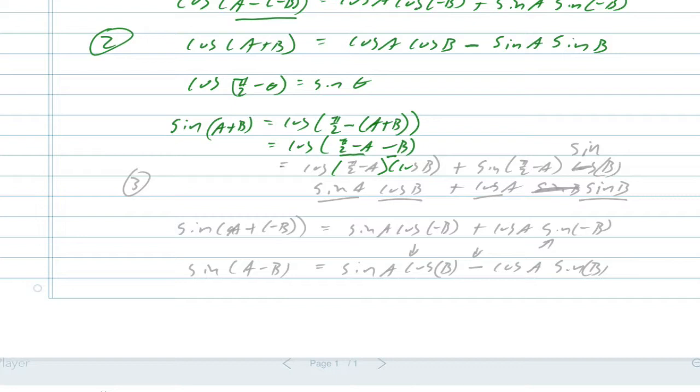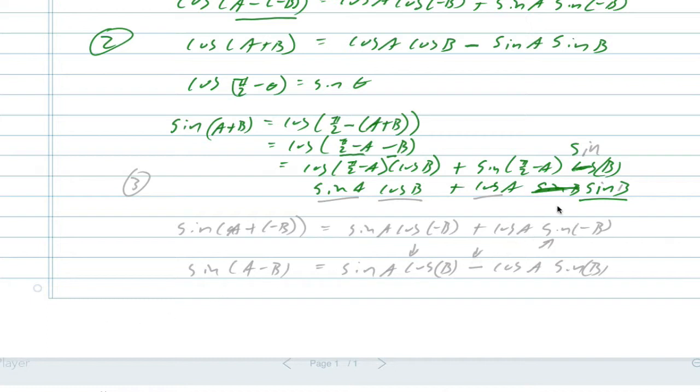So we can go up here. This will equal cosine (pi over 2 minus A) times cosine B. And because this is cosine minus cosine, it's going to be plus sine (pi over 2 minus A) sine B. Okay, cosine (pi over 2 minus A) is sine A cosine B plus cosine A. I'm sorry, I've lost my mind a minute here.